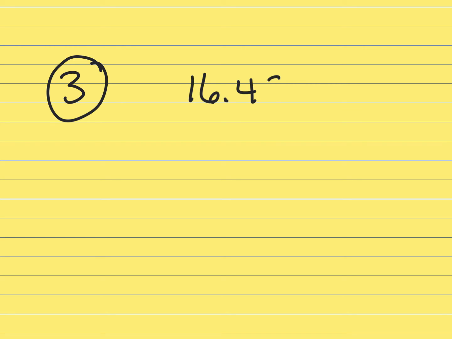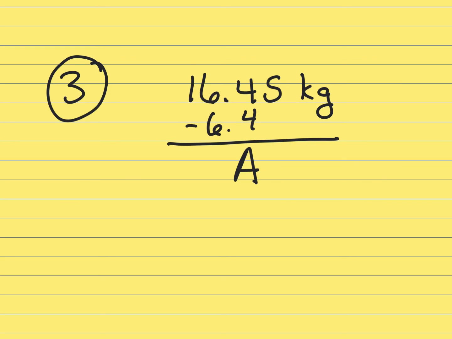So the first step is going to be, you'll have to say 16.45. That's how many kg he has of flour. But he's going to use some of that for his buns, so you have to take that part out. That's how much he's going to use for his buns, and it's still in kg, so I don't have to change units. Now, when you get the answer here, that's the amount of flour it takes to make 15 batches of scones.